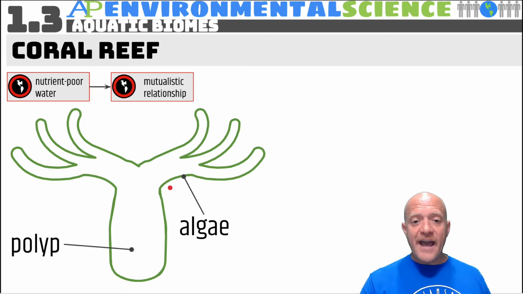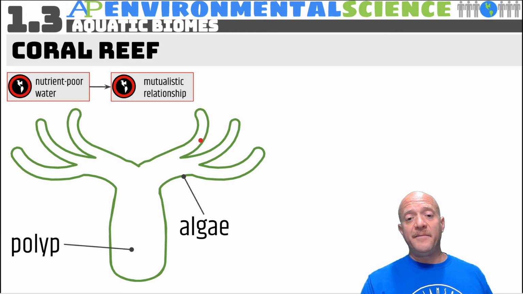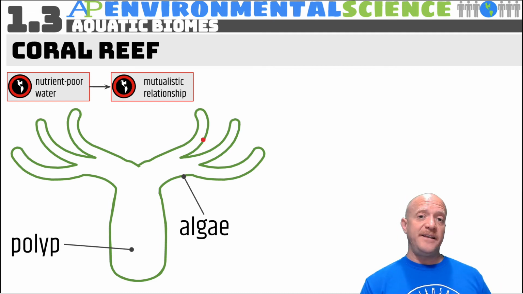And then they have algae that are living within their surfaces, and the algae are what give them these amazing colors. And the algae complete photosynthesis and provide nutrients to the polyp. The polyp is going to provide a home for the algae, and it's also providing carbon dioxide, so the algae can use the carbon dioxide for photosynthesis.